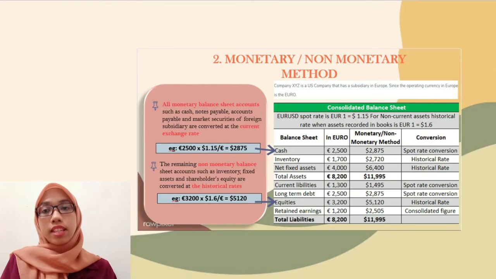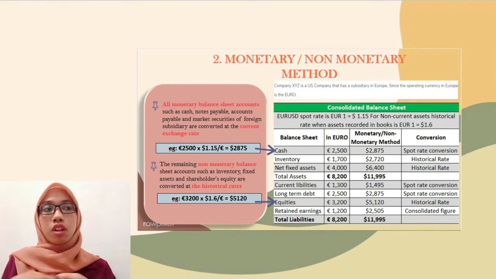The second method is the monetary or non-monetary method. All monetary balance sheet accounts, such as cash, accounts payable, notes payable, and marketable securities of the foreign subsidiary, are converted at the current exchange rate or spot rate.